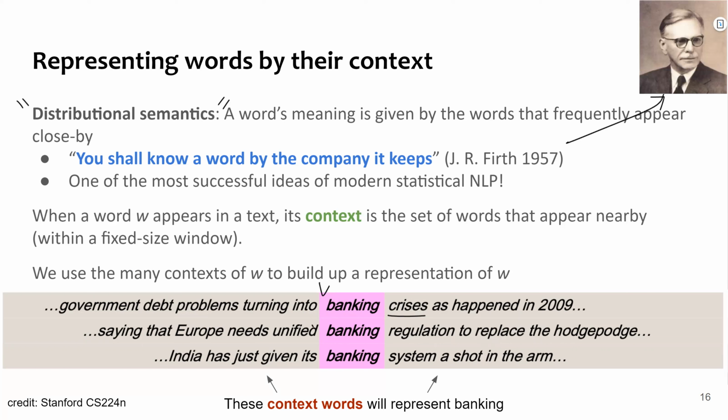Or banking and regulation might have similar meanings. Or banking and system, and so on, have similar meanings. Or crisis might have similar meanings as banking or happened. You can do the same for other words.